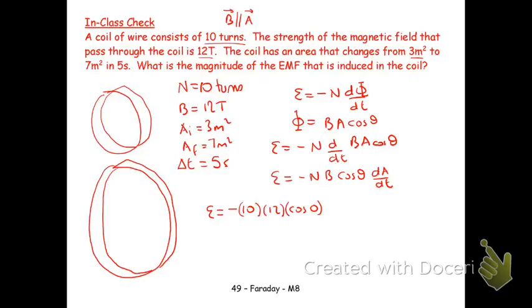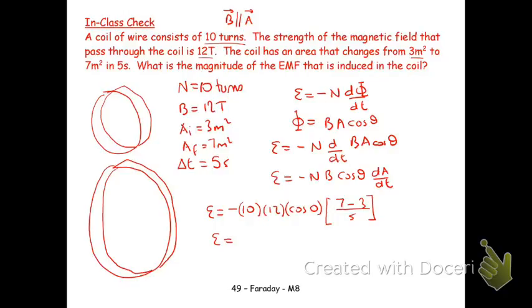And then I have A final. So I have my A final, which is 7 minus 3 over 5. Cosine of 0 is 1, so that's going to be 5, oh no, 4 over 5. Bad luck.